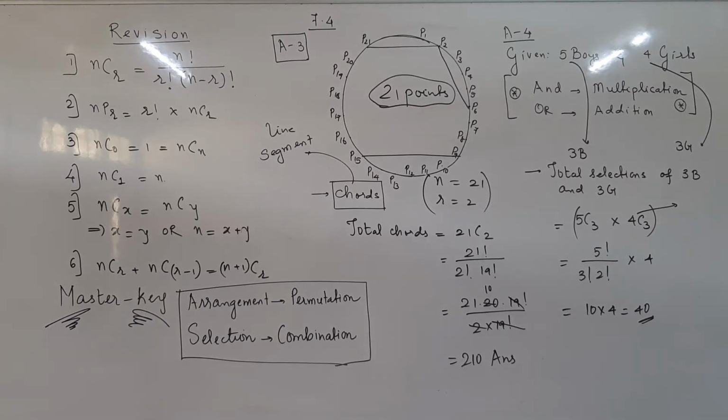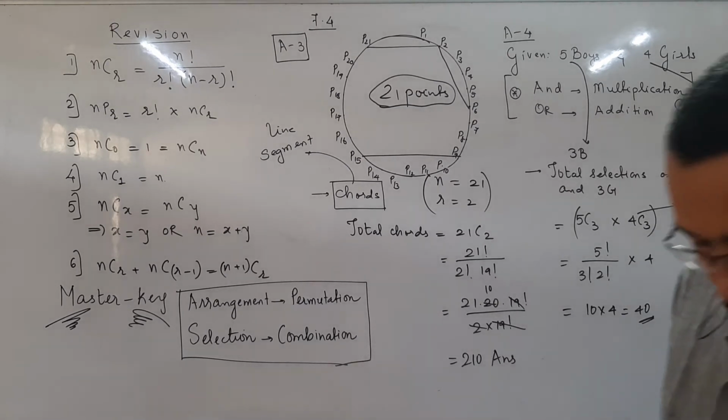And in the AND/OR theorem, the word selection indicates combination and the word arrangement indicates permutation. This much, students, if you remember, I assure you, you will never face problems in any sums.